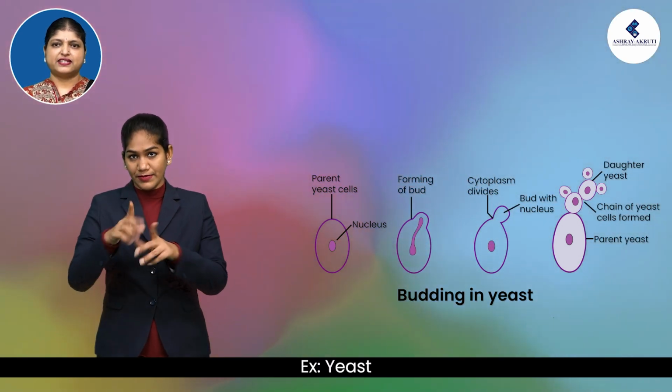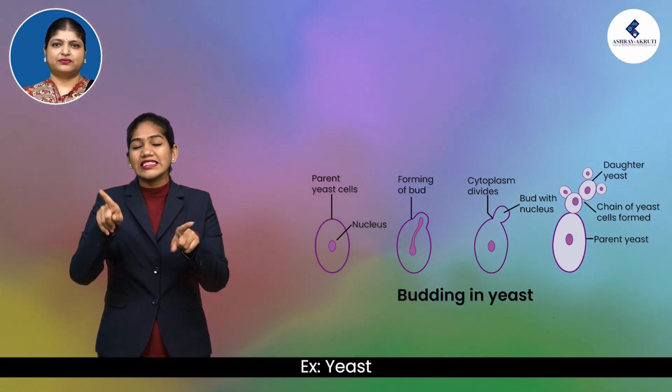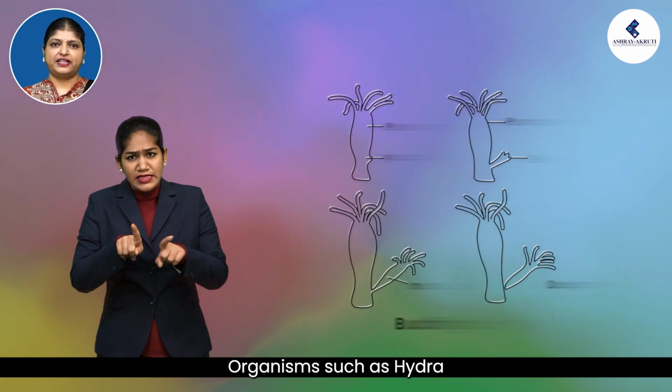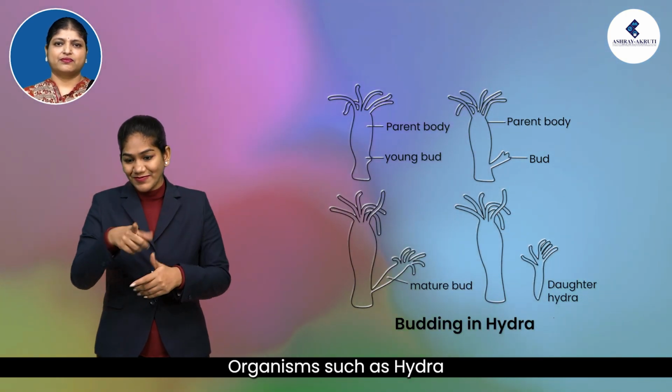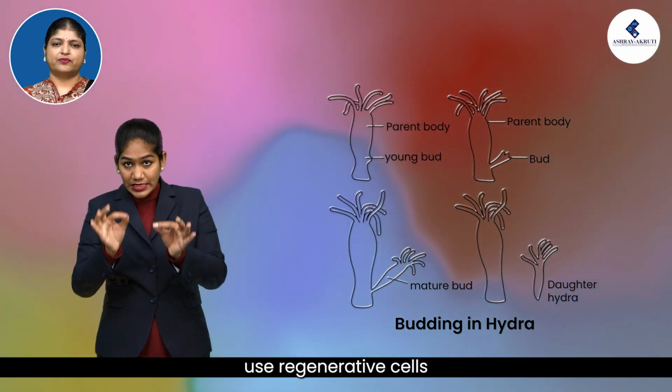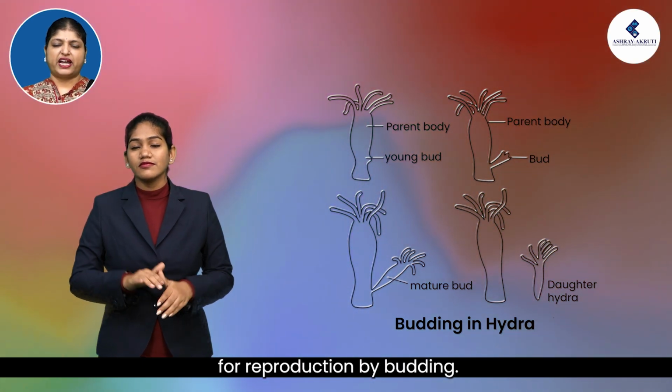Example, yeast. Organisms such as Hydra use regenerative cells for reproduction by budding.